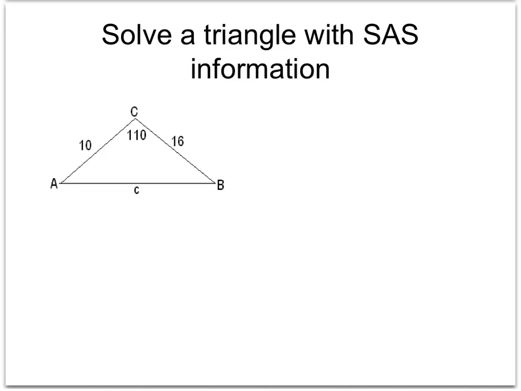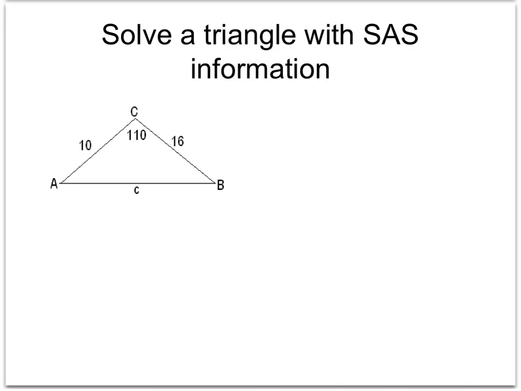Now this becomes a complete calculator problem. Make sure you're now in degree mode. And type 16 squared plus 10 squared minus 2 times 16 times 10 times cosine 110 in your calculator. Depending on how great of a calculator you have, you might have to do this in steps.